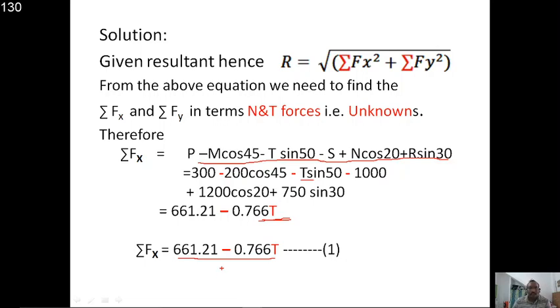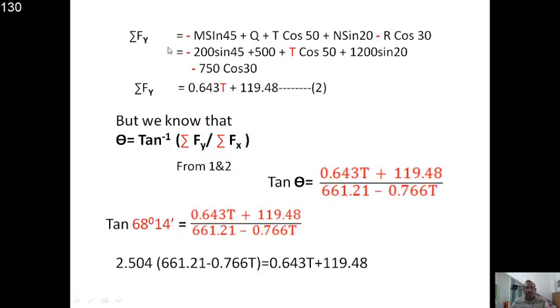Similarly, we write the sigma f of y equation also in terms of t, using the same earlier equation and replacing all the values except t. So you got sigma f of y in terms of t.